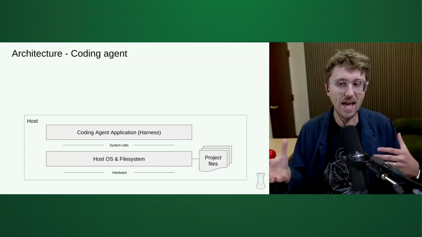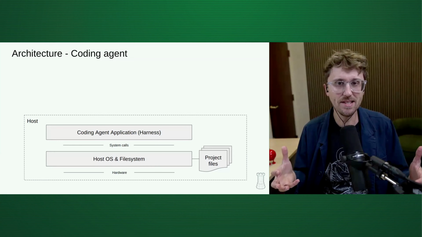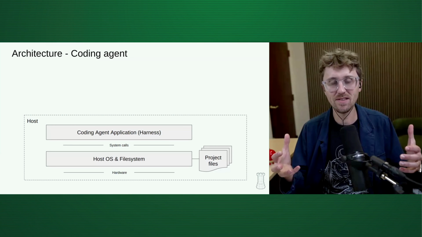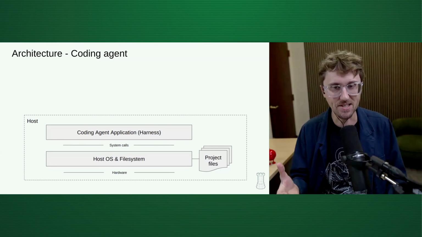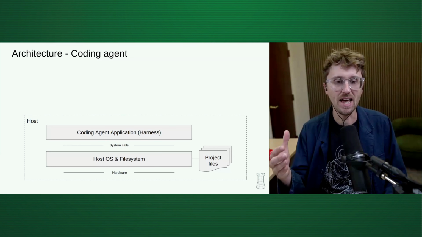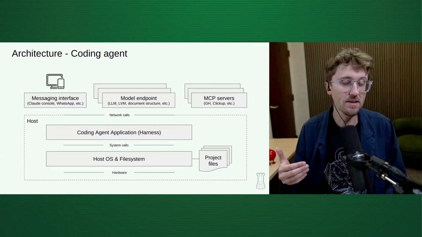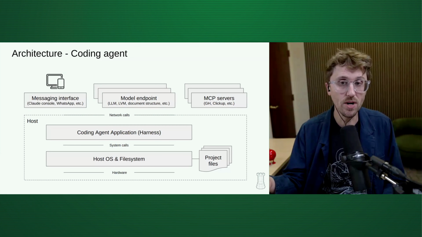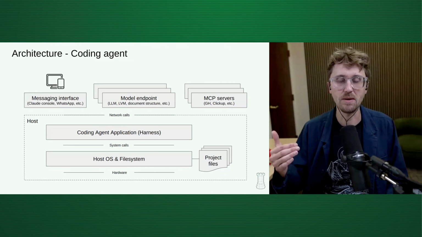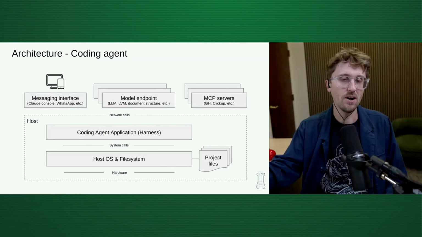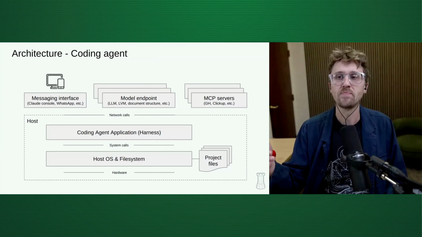However, that coding agent application really requires itself to be plugged into a set of AI components. And these AI components would typically be, for example, model endpoints. Like if I'm using Claude Code, maybe I'm talking to an API endpoint for Claude models, although you could plug it into other models.